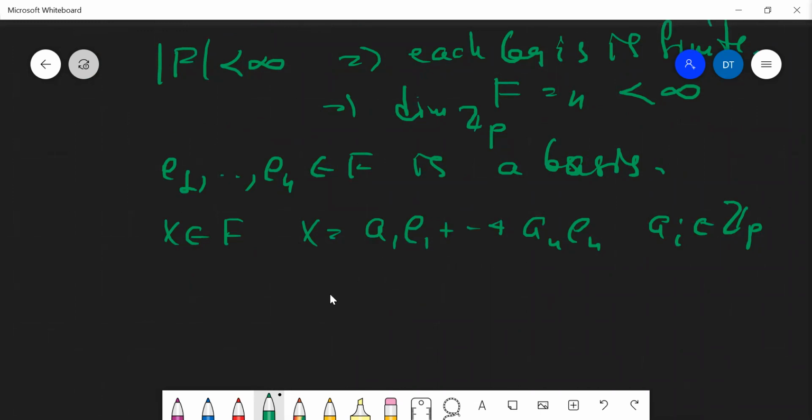This simply means that F has as many elements as there are expressions of this form. But how many expressions of this form do we have? For each coefficient, we have p options, because these coefficients are from Z_p. So we have p times p times p and so on, options for the element x, so p to the n options. So p to the n is the number of elements of F, and we're done.